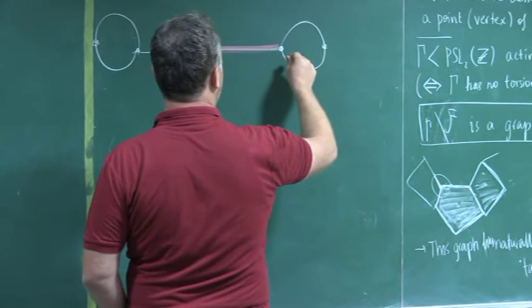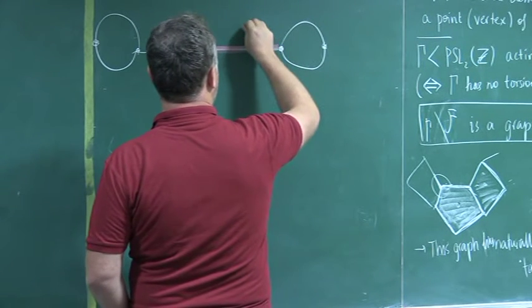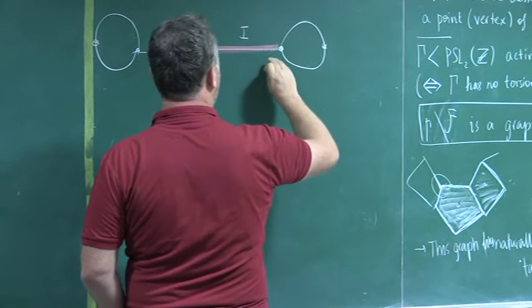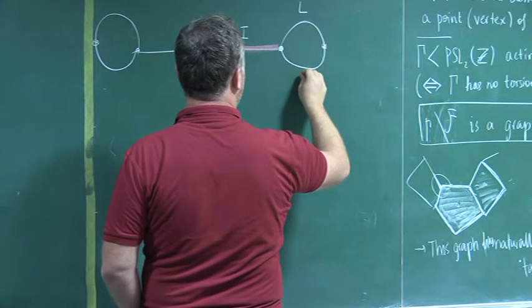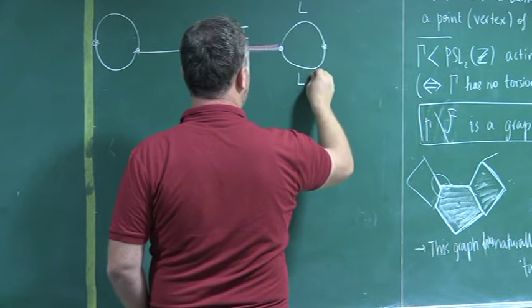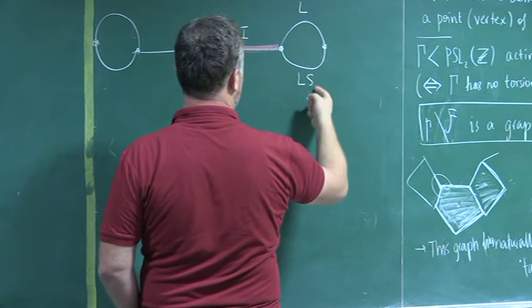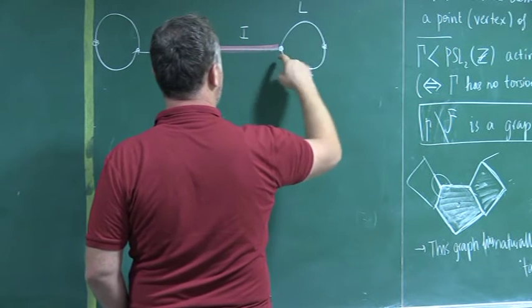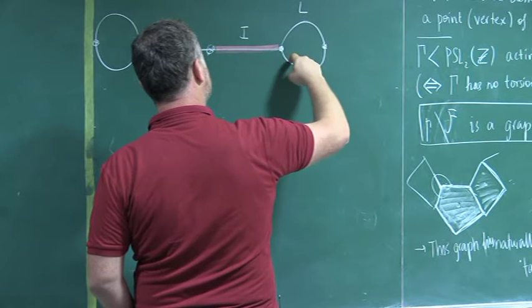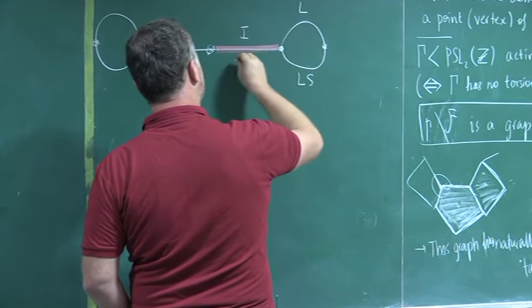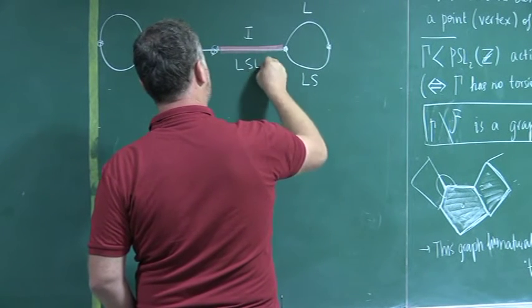If I write this, I can turn left once, so L, and then I pass to the other side by S, and I again turn left. If you straighten yourself here, then coming here amounts to taking one left. So this is SL.